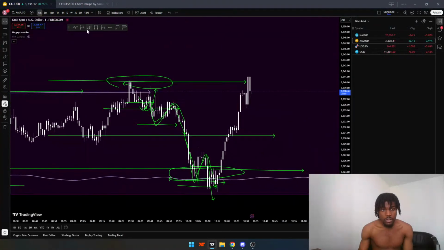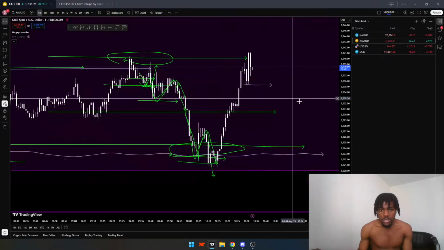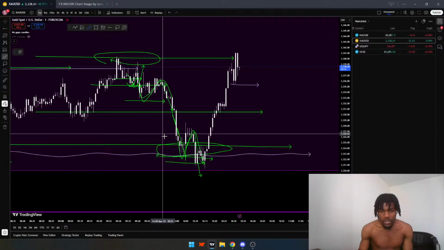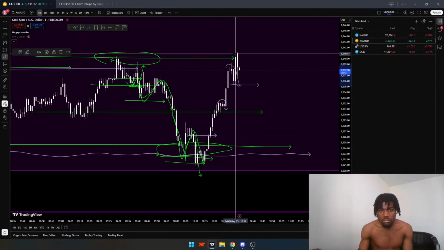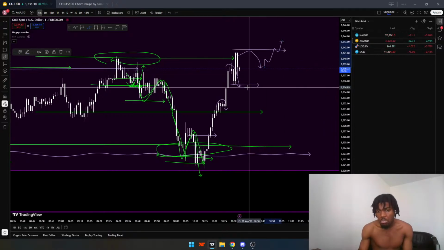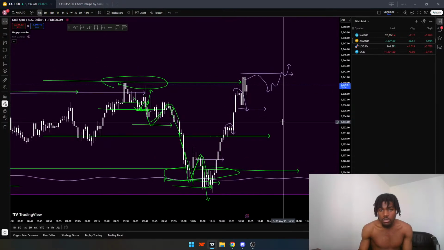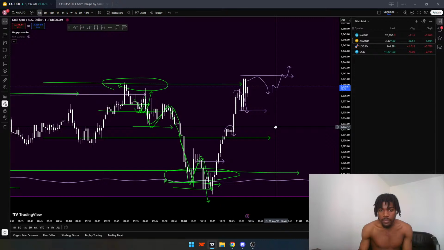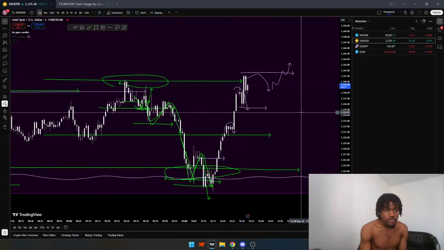You go on lower time frames and you're just like, let me just see that. You want to pace yourself. Let me just see this third one liquidated real quick, and then maybe I can now target the previous candles on the 1 minute or on the 5 minute. That's how you pace yourself. That's how you do it.